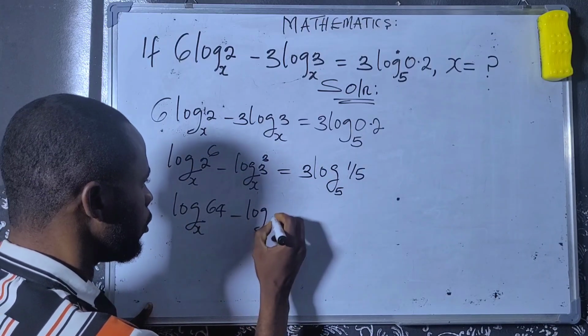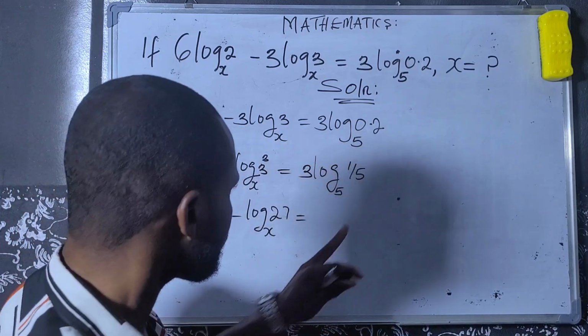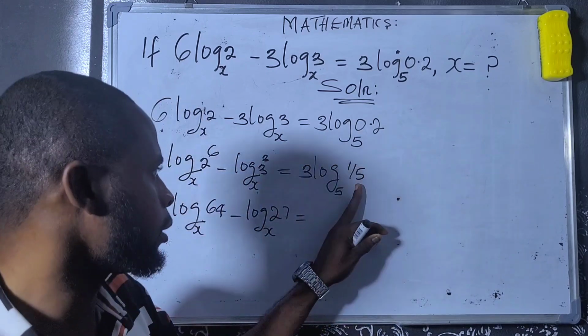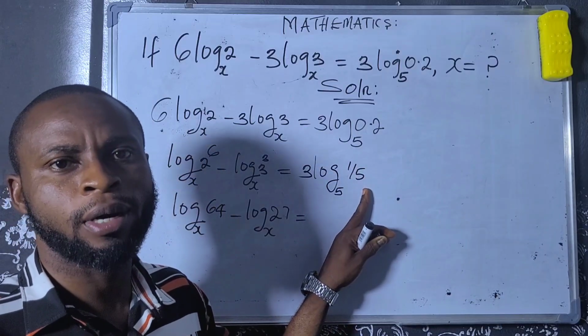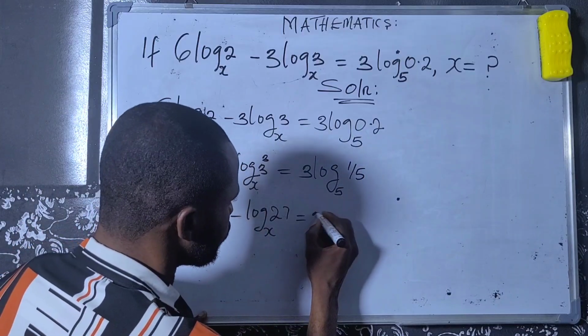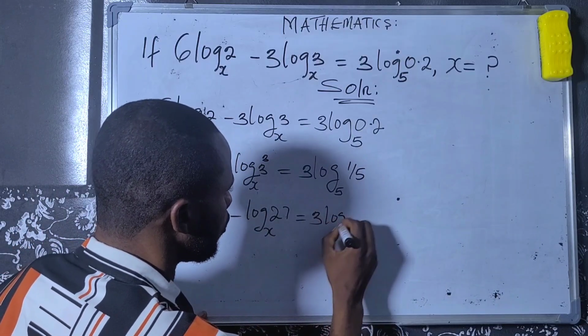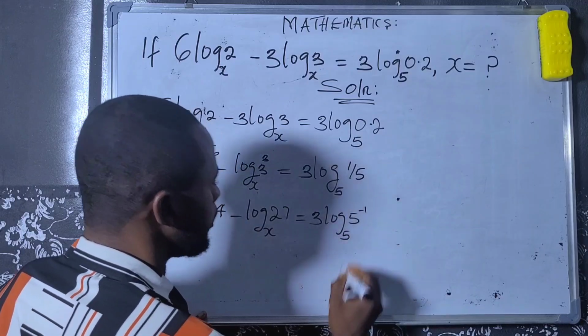Then we have log 27 to the base of x equals, here we can still simplify this from indices. 1 over 5 is the same thing as 5 to the power of negative 1. That is, in this place, we're going to have 3 log 5 to the power of negative 1, then base 5.